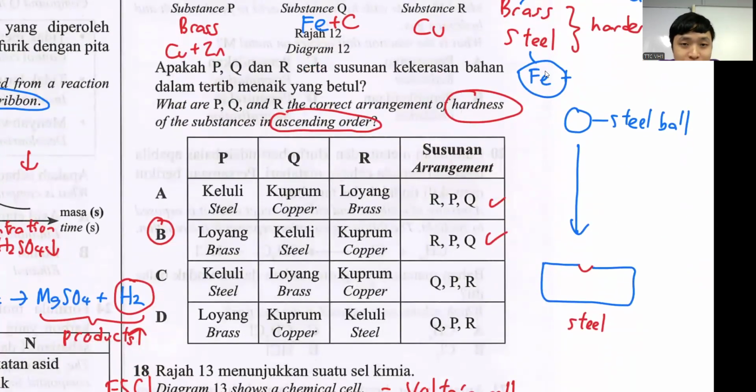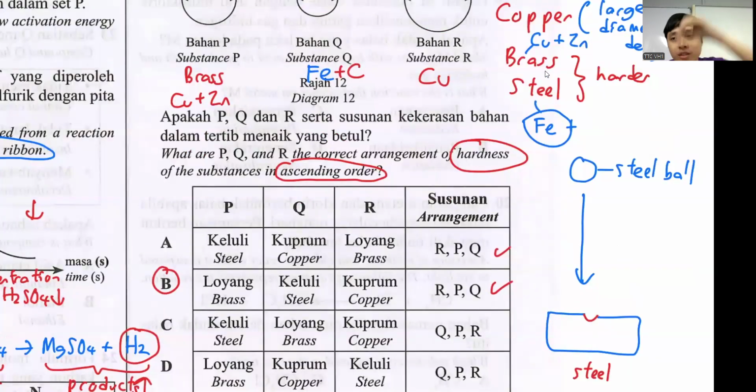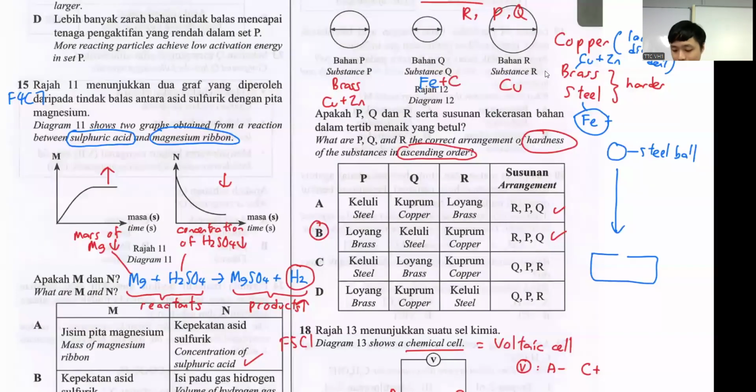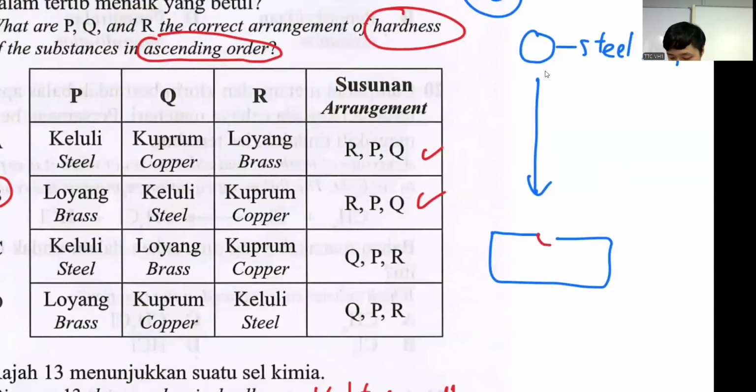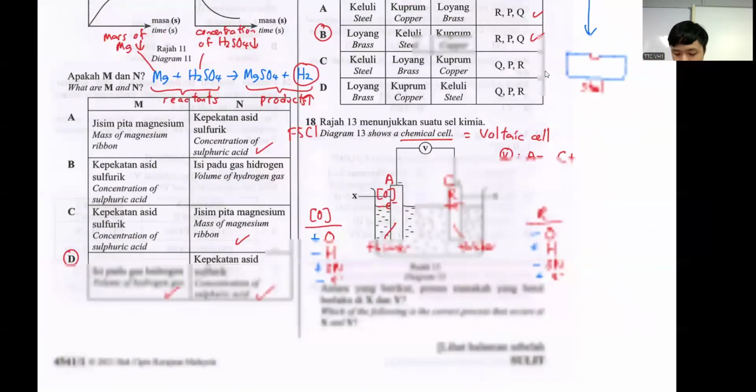Now you just imagine you let the very hard ball drop towards your steel, your brass, your copper. Copper, confirm the whole thing almost gone already. So answer: copper, brass, steel, smaller diameter. Question 18, I told you already, the answer is B.